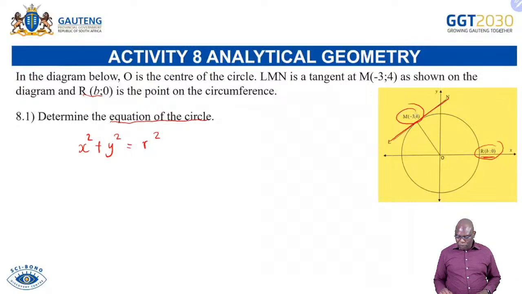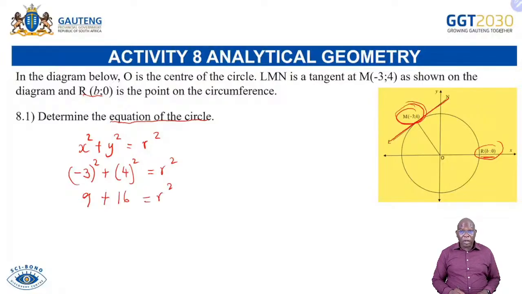So I need a point, minus 3, and 4. So if I go to my substitution there, x value is minus 3, the y value is 4, the r squared is what I need. So I'll have a 9 plus a 16 equals to r squared. And my r squared is going to be equals to 25.